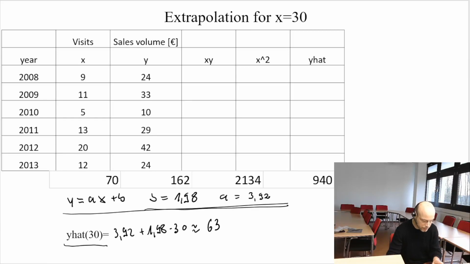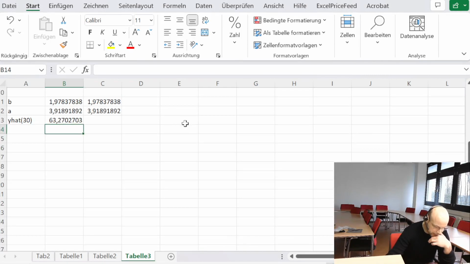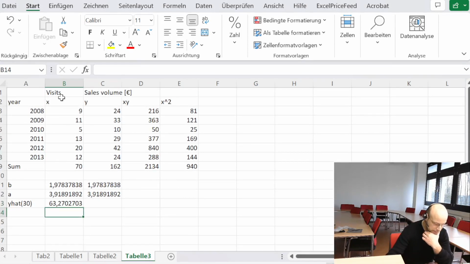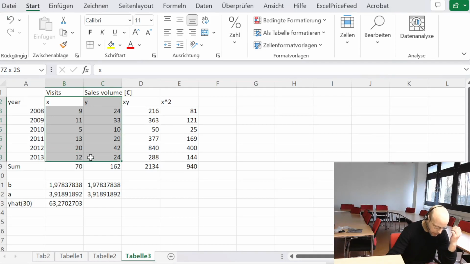Well, maybe we can also put here a scatter diagram.